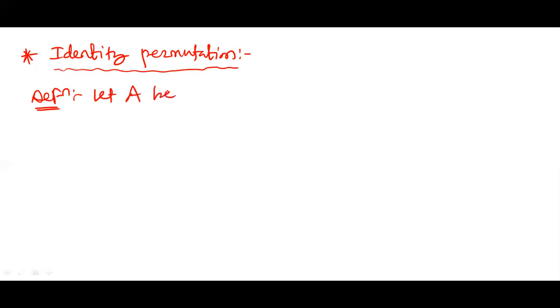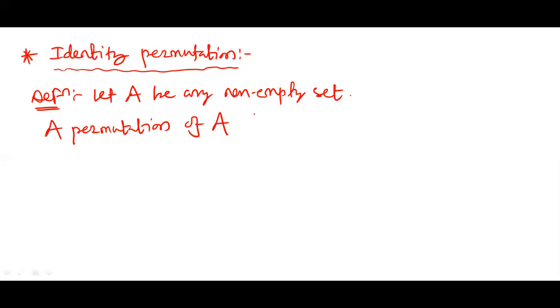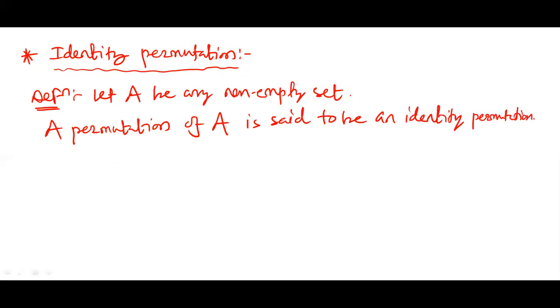Let A be any non-empty set, then a permutation of set A is said to be an identity permutation of set A if each element of set A maps to itself.